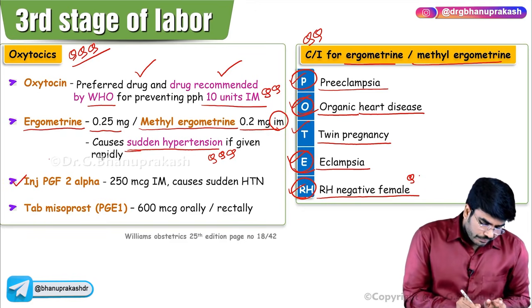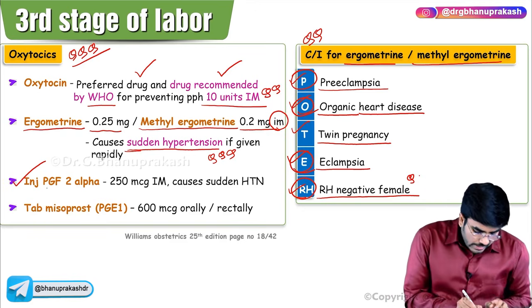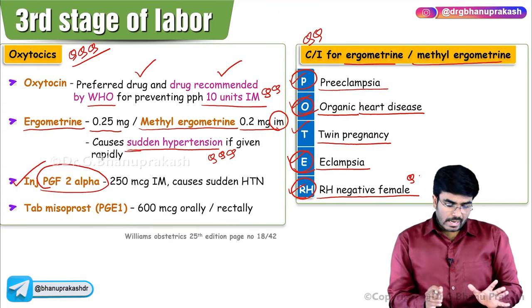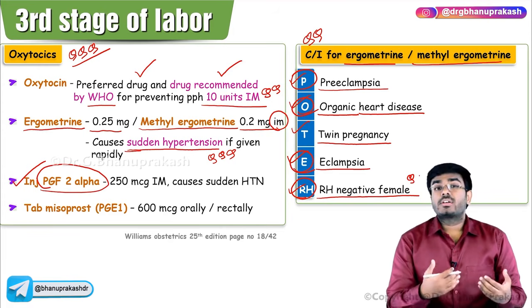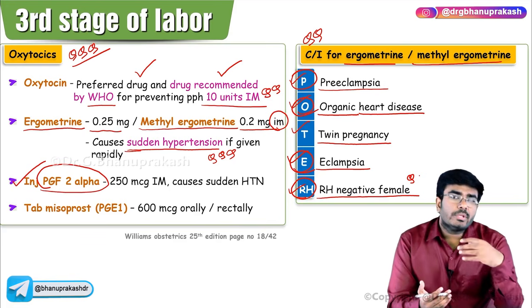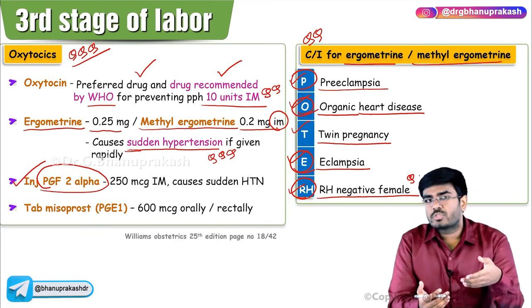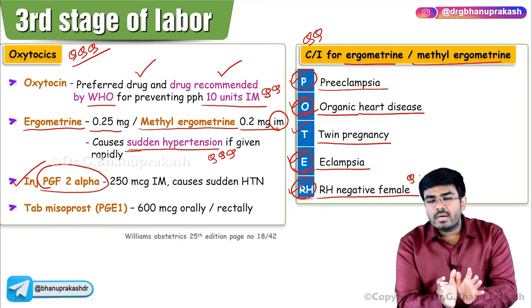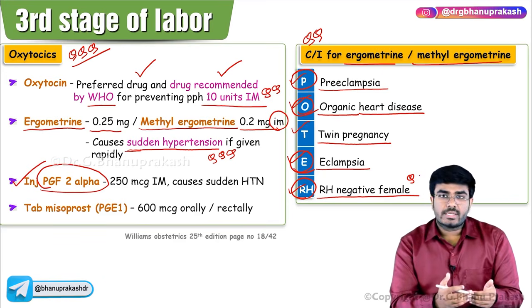Also you can give injection of prostaglandin F2 alpha, okay. See, this is a very important drug, and this is better than oxytocin. We used to say, okay, this is the best drug. Like this will be used especially in the treatment of postpartum hemorrhage. Now we are discussing normal third stage of labor and its active management, okay.